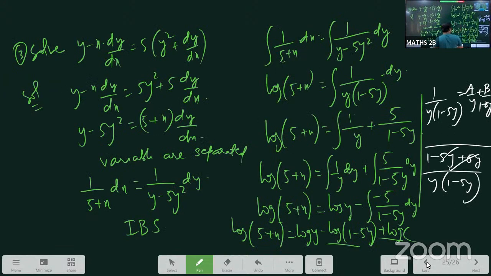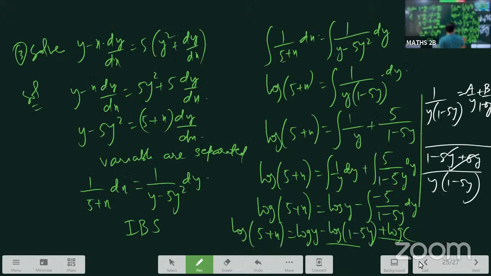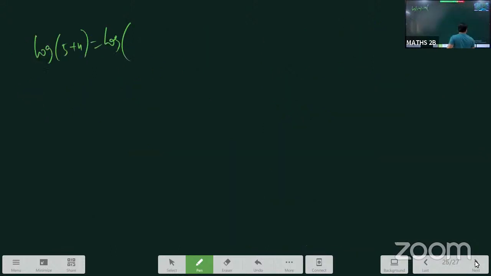Okay, you do one thing. Log yc by 1 minus 5y, correct? According to log definition, y into c by 1 minus 5y. So that is log of 5 plus x is equal to log of yc by 1 minus 5y.